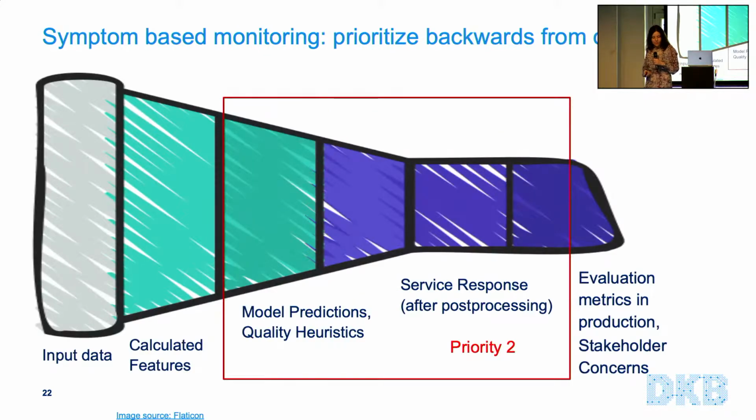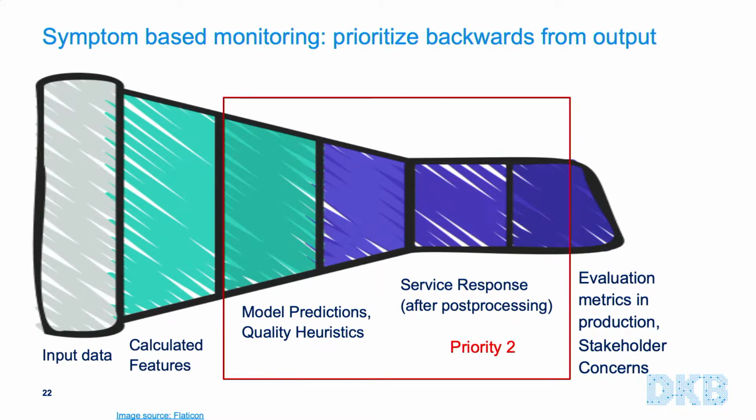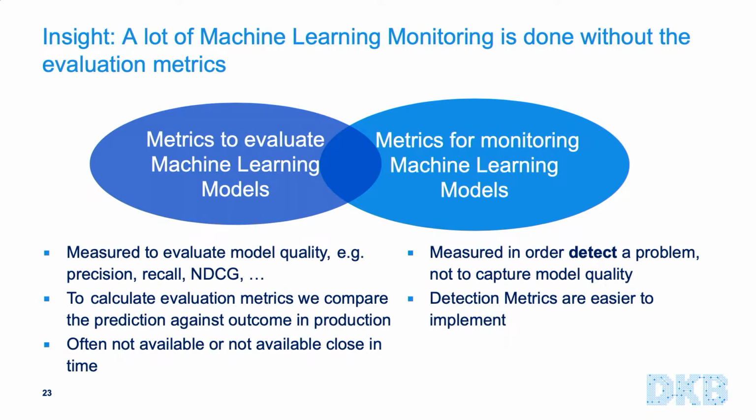Okay, cool. Second priority is service response and model predictions monitoring. What is important to know if you're coming from the machine learning area is that there is a difference between the metrics you use to evaluate your model, during the learning and evaluation, and the metrics that you use for monitoring your machine learning model.